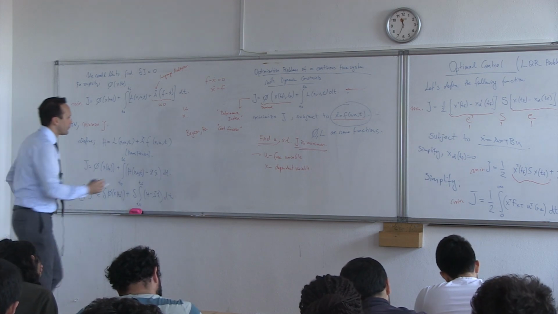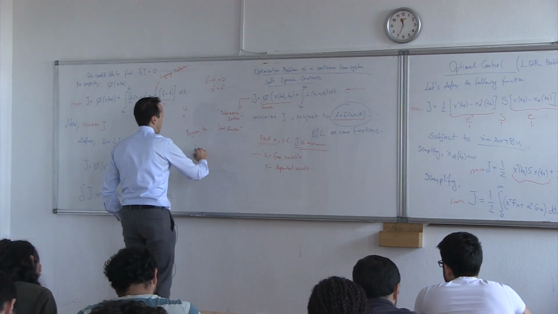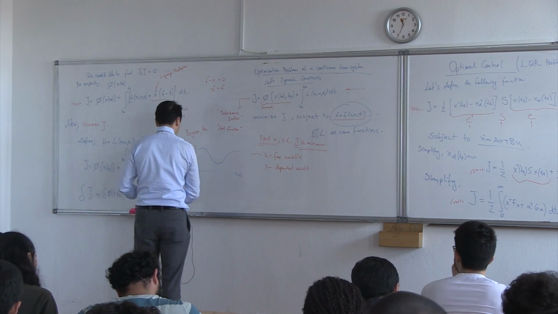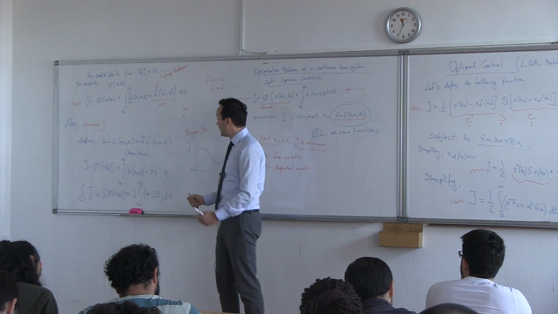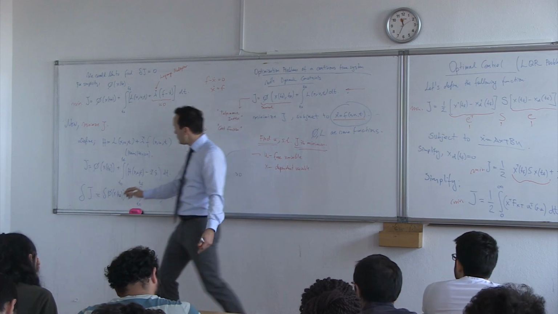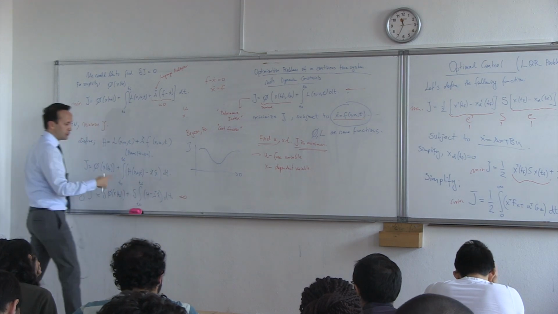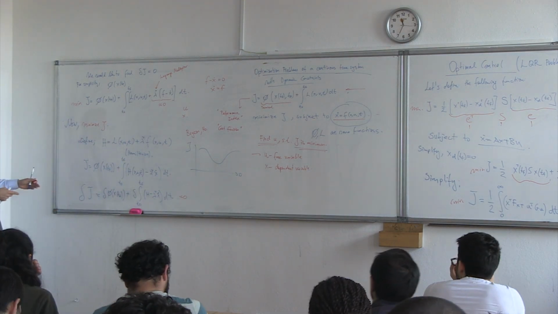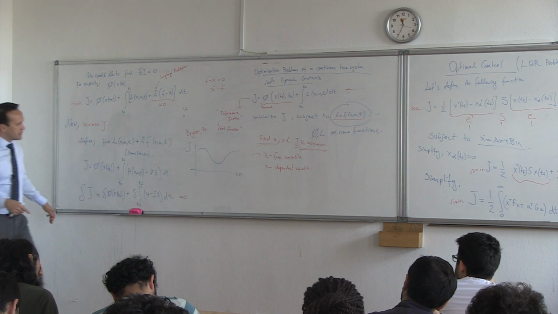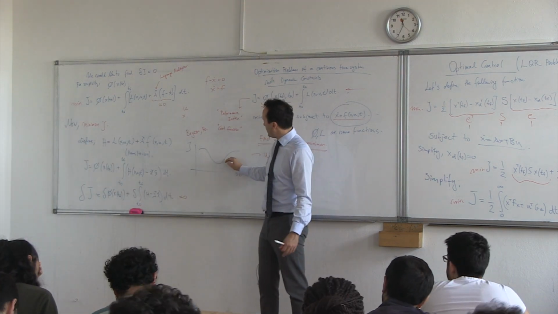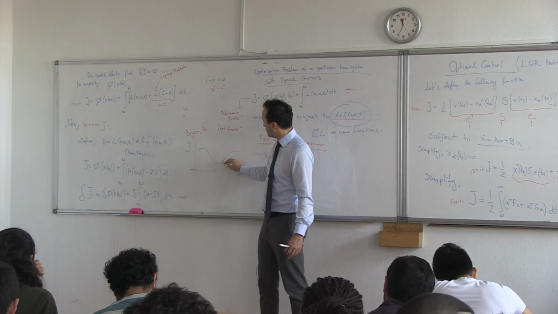So what this means is that let's say I have a function j and the function looks like this. What we're looking at is the variation of j, and eventually we're going to set this equal to 0 and try to find u from here. What does it mean? A variation of j means find a point and look at the variation.